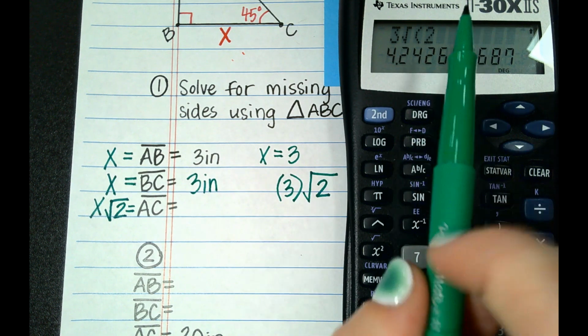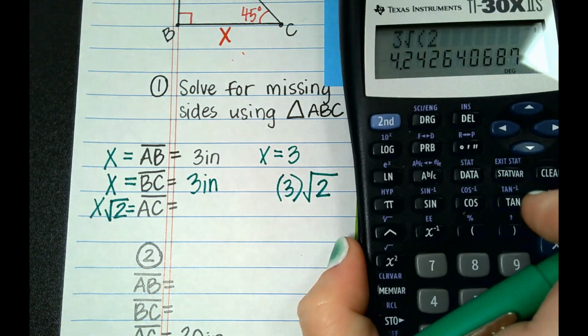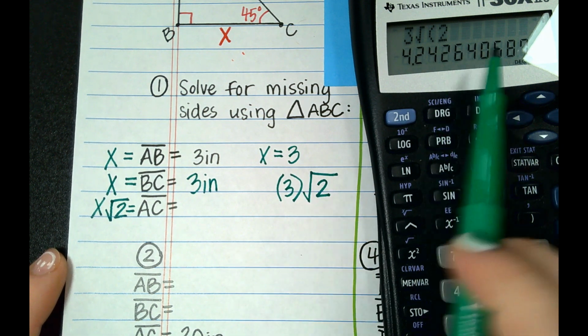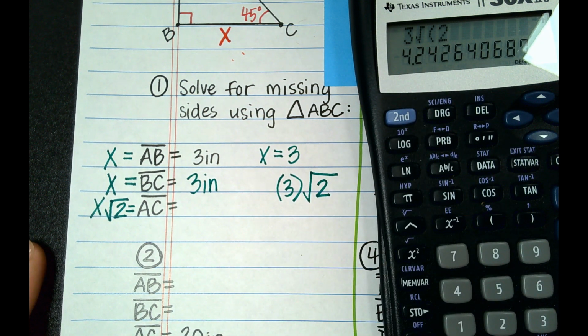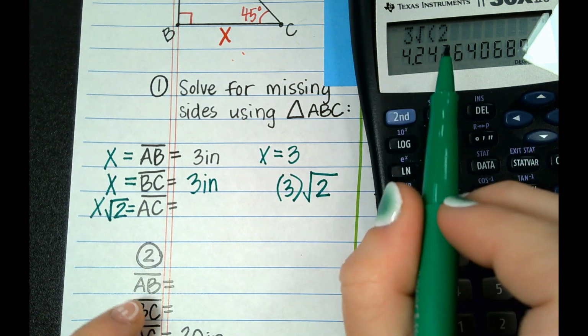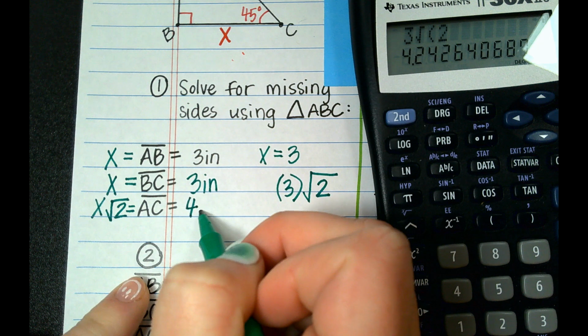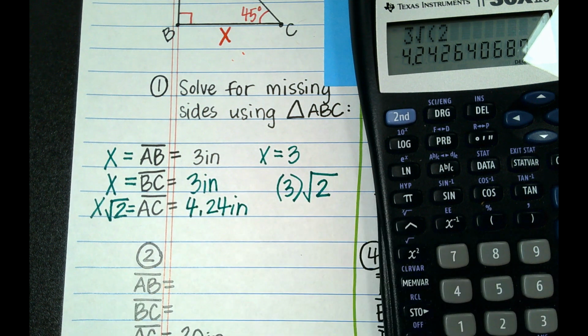So everybody make sure that you can type that in and get the correct answer, because this is a bit more of a calculator-heavy lesson. Because I don't expect any of you to know how to solve that in your head. So make sure you can get that answer on your calculator. We'll have 4.24 inches.